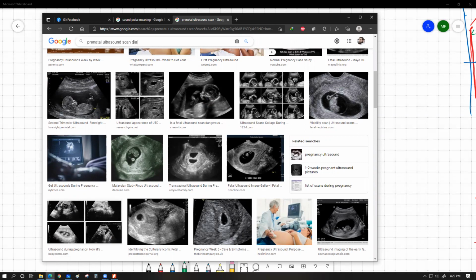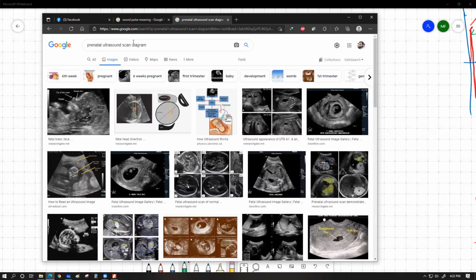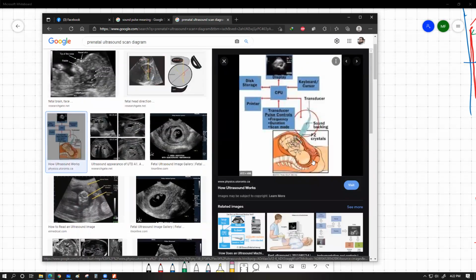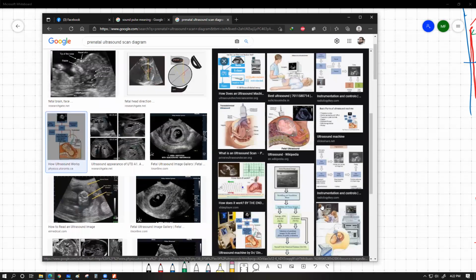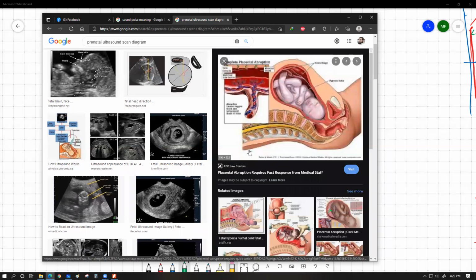Diagram. Yes, got it. I'm looking for this diagram. Okay. Yes. How big is this image? Pretty small. This one.